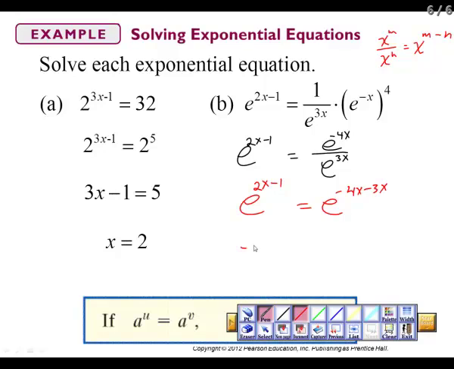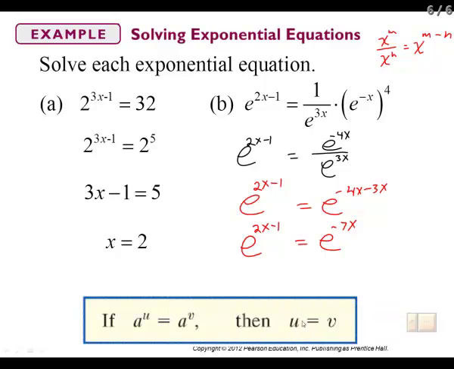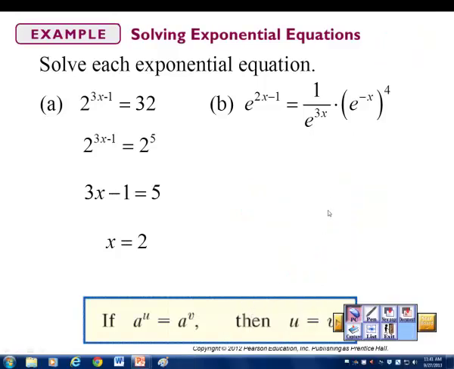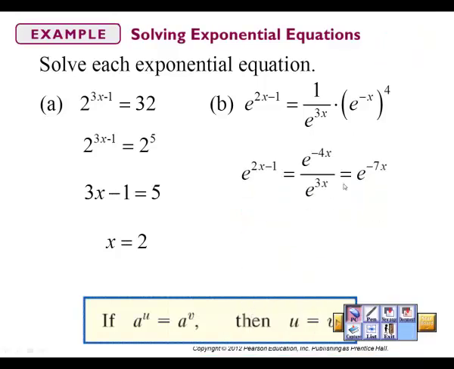And so that'll give us e to the 2x minus 1 equals e to the negative 7x. And so now, since the bases are the same, we can just set the 2x minus 1 equal to negative 7x, and then from there we can solve. Okay, and that's how we got to this point here. So we got e to the 2x minus 1 equals e to the negative 7x, and then from here we can solve. We get x equals 1/9.